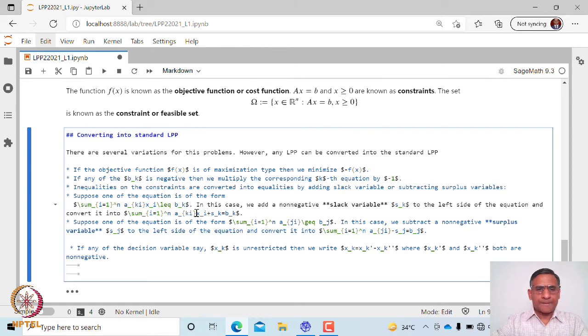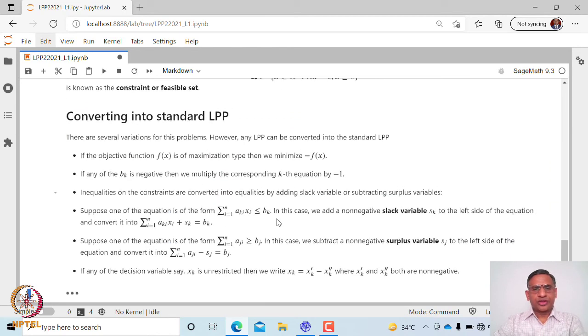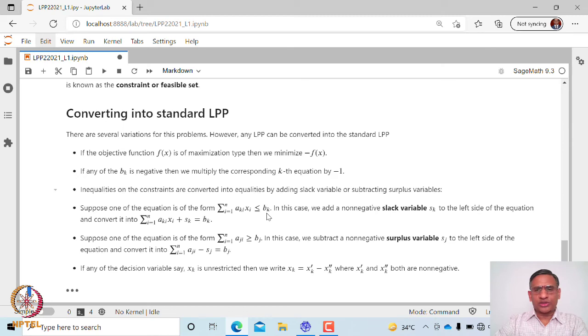Xi. Right. So if this is a less than equal to constraint, then the left hand side is less than equal to the right hand side. Therefore, you need to add some non-negative quantity. So that we will call, let us say, sk, and that is called slack variable, which will be a non-negative variable.